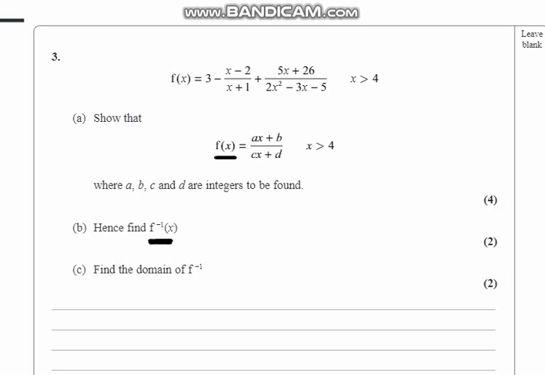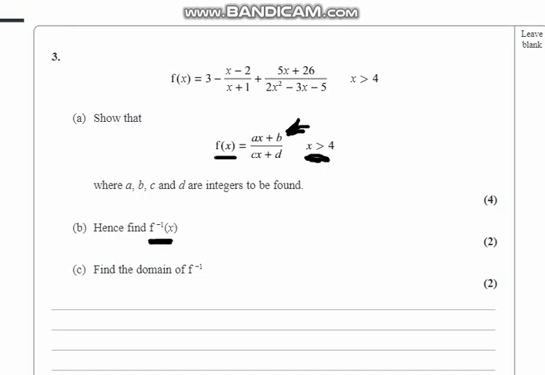So we know that x is greater than 4 here, so when we plug 4 into the expression we found in the A part, we'll get a value of 17 upon 3, and that's our y value, that's the range. So one range is done, and that's the domain of f inverse. And for the second one, if you plug in, you'll get 2.